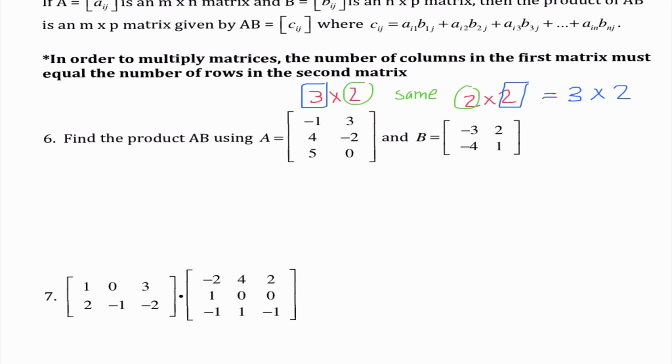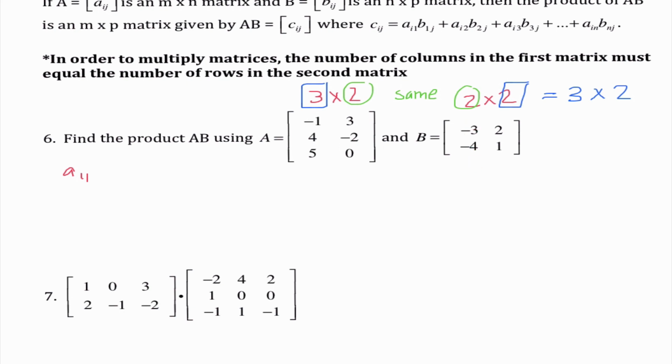And this is going to be one of those times where I'm really going to be diligent in using the notation for our entries. So I'm going to start here by finding A sub 1, 1. So we know this means row 1, column 1. So what I'm going to do is multiply row 1 in our first matrix by column 1 in our second matrix.